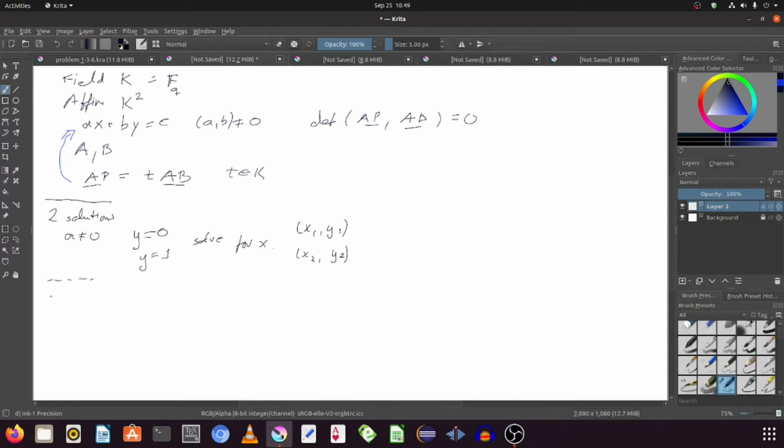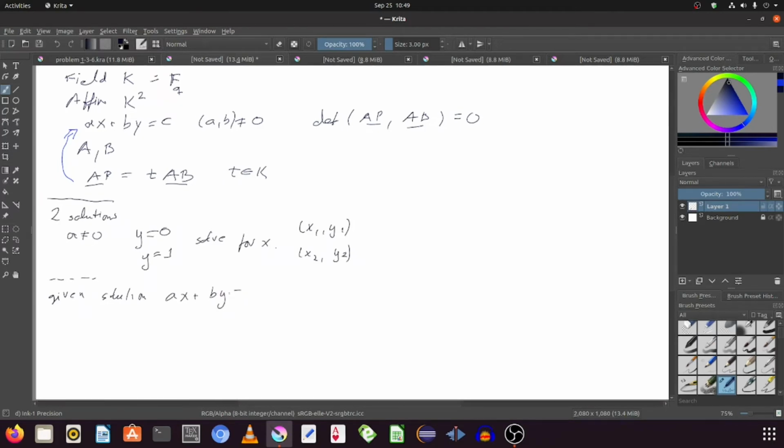And then a given solution. We want to find t.